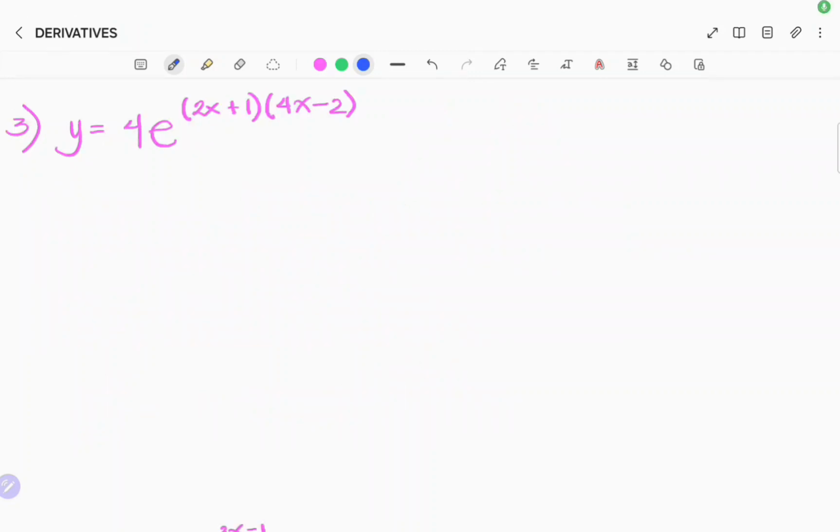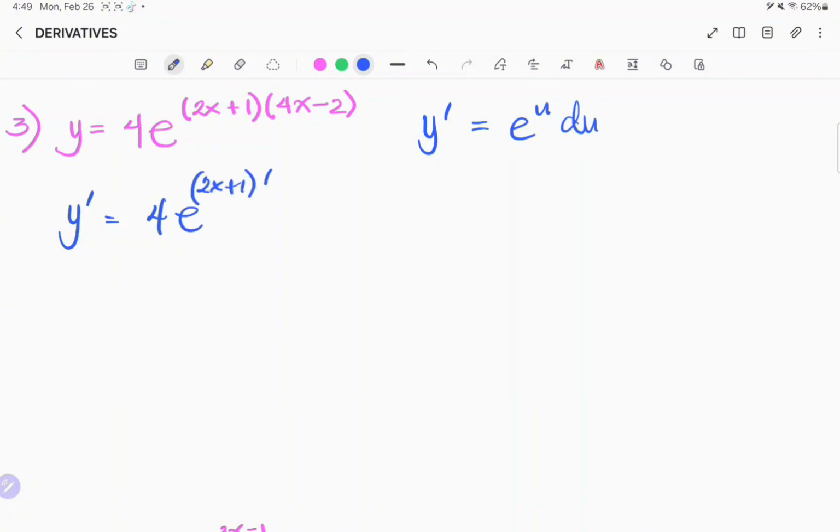So our third example is y equal to 4e raised to the product of the two quantities 2x plus 1 and 4x minus 2. So as we take on y prime equal to e raised to u du, we have to copy 4e raised to 2x plus 1 and 4x minus 2 and derive our u.